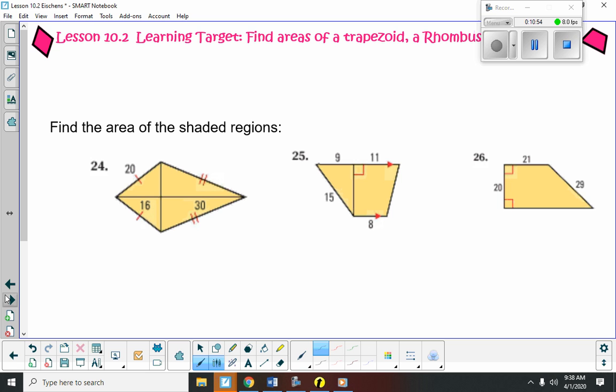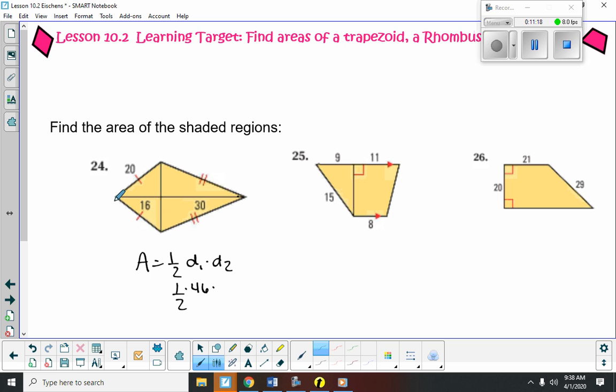All right, so here are a few more problems. I have a kite. So area equals 1/2 d1 times d2. All right, this diagonal is 16 plus 30. So this diagonal would be 46.